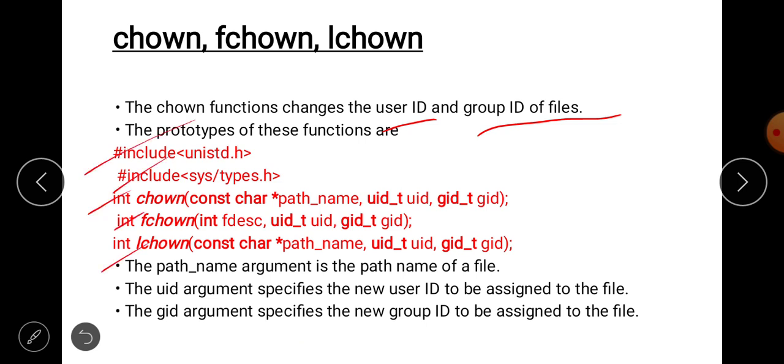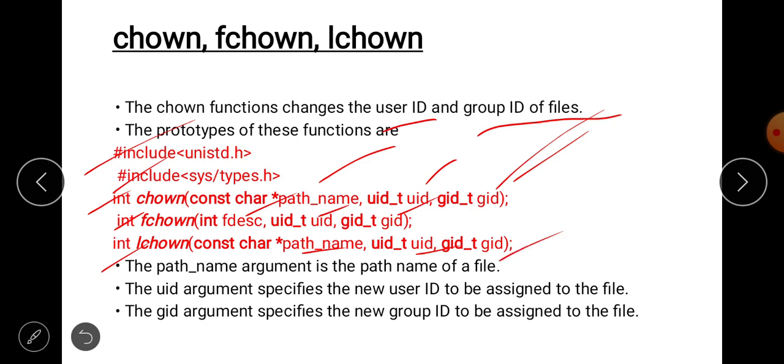You can see that chown has three arguments: pathname, user ID, group ID. fchown has three arguments: file descriptor, user ID and group ID. lchown has three arguments: pathname, user ID and group ID.